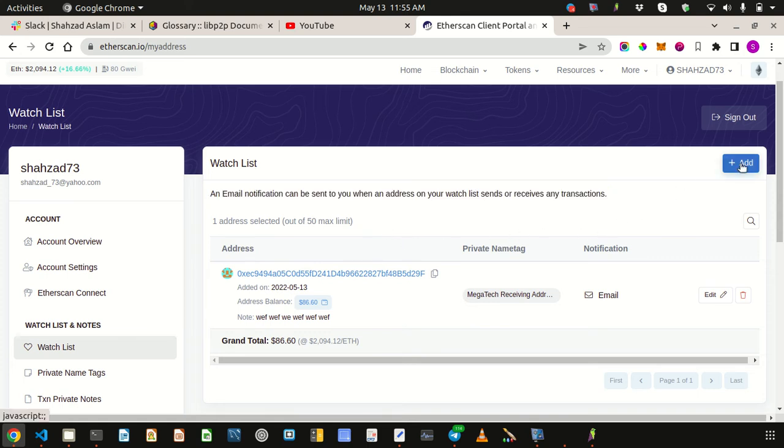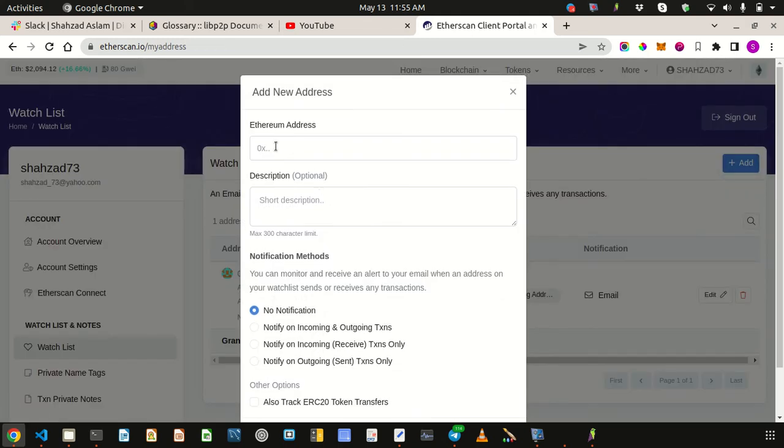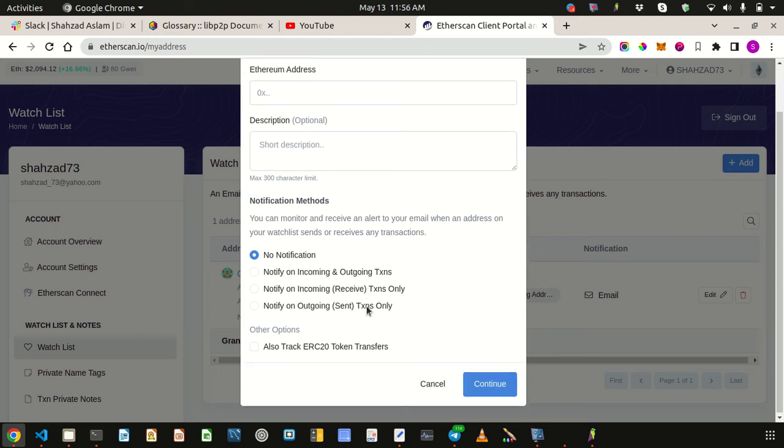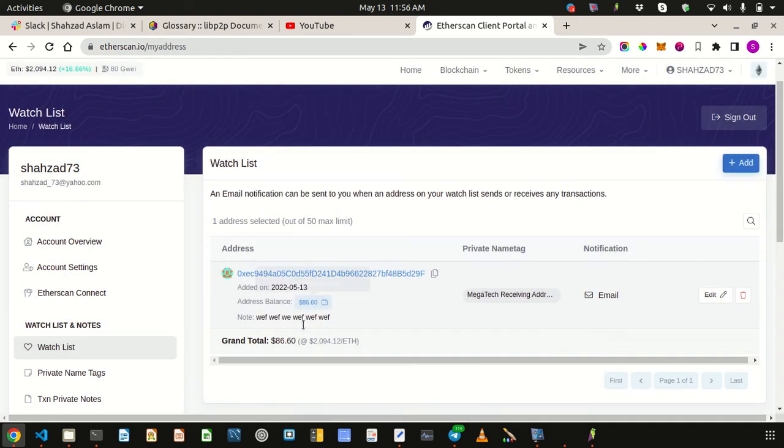Simply click on add and enter the Ethereum address, enter some transaction and what sort of notification or activity you want to monitor, and then click on continue, and then that address will be added to your watch list. You can have any number of watch lists, and anytime any activity is performed on these addresses, you will be notified by email.